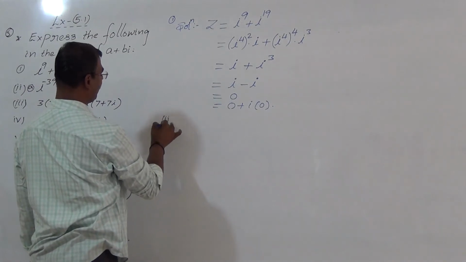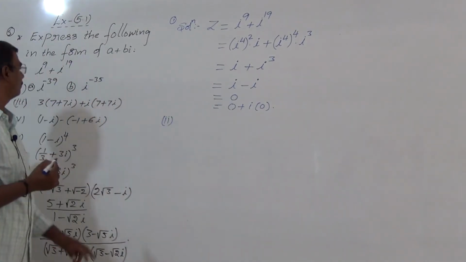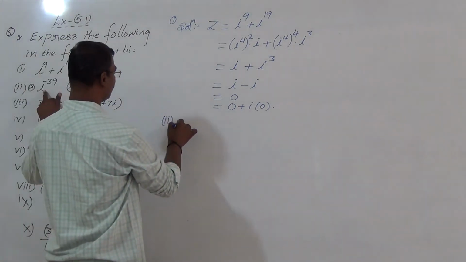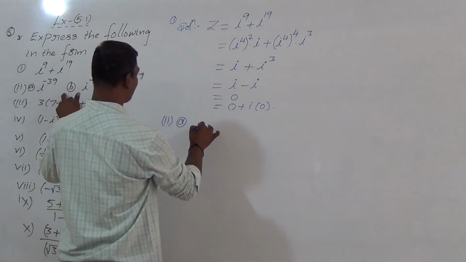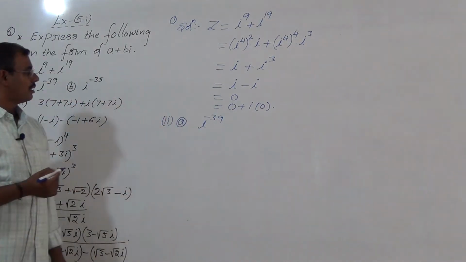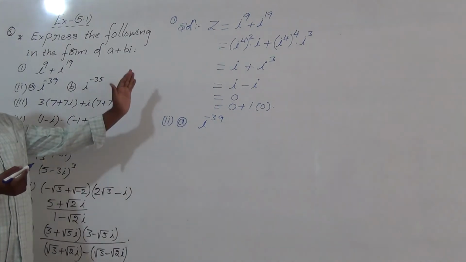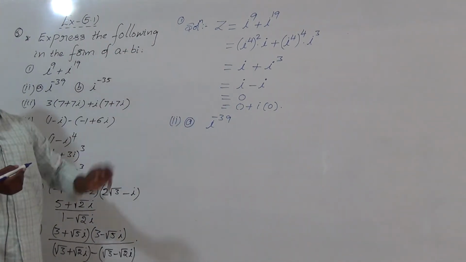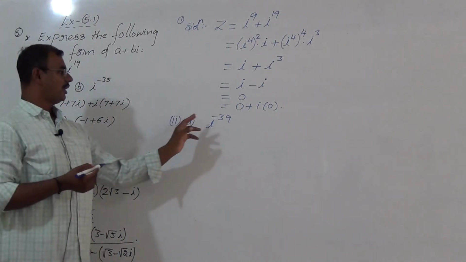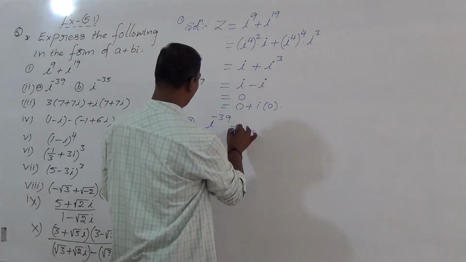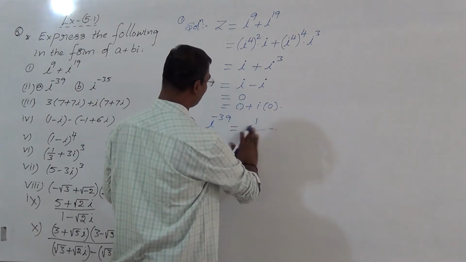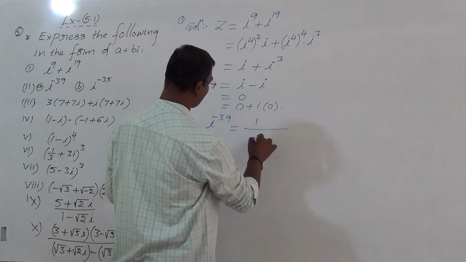Similarly, we have to find the second problem. I will give the first bit, that is I raised to minus 39. So how to convert in the form of a plus b iota? Firstly, I would write 1 upon I raised to 39.